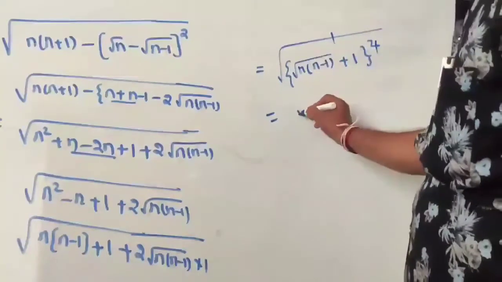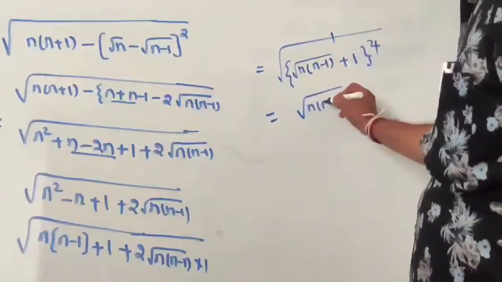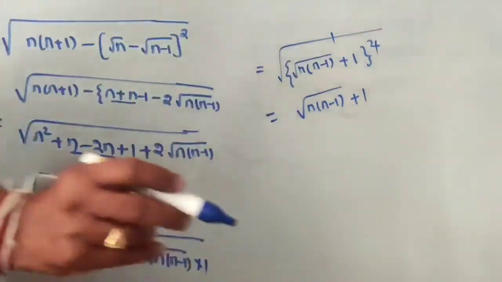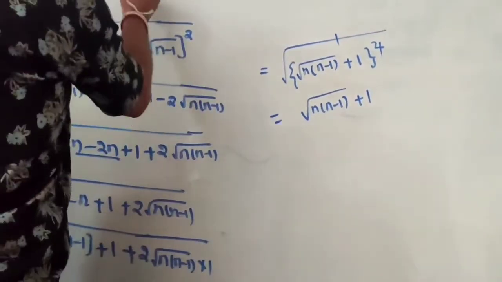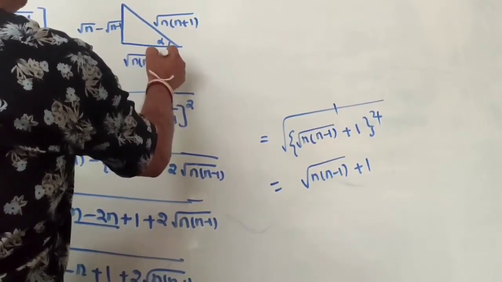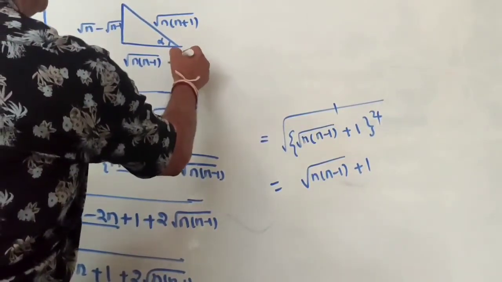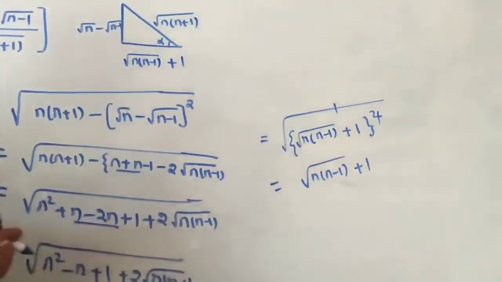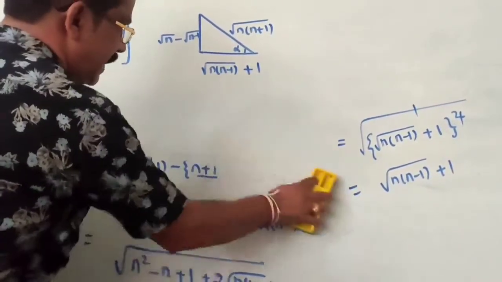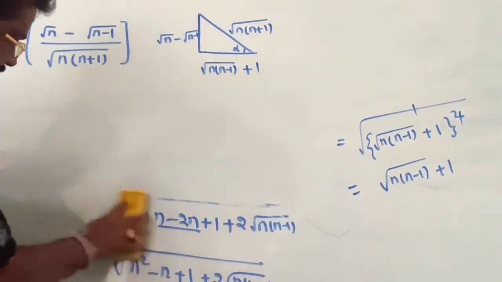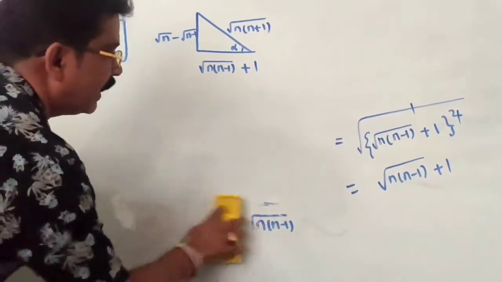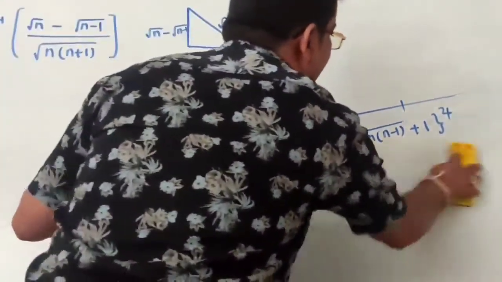It remains only root of n into n minus 1 plus 1. So therefore adjacent side is root of n into n minus 1 plus 1 simply. So by using Pythagoras theorem on simplification, we are getting the adjacent side as root of n into n minus 1 plus 1 like that.